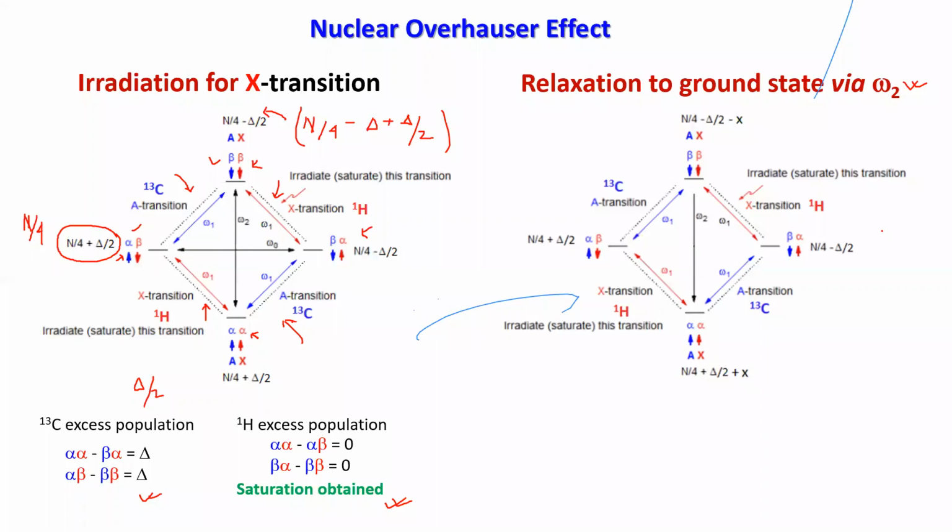But relaxation, I told, can happen. So in this case you have excess nuclei at the excited state, of the 13C. So what we will see is the 13C nuclei will try to undergo relaxation to achieve a new transitional state.